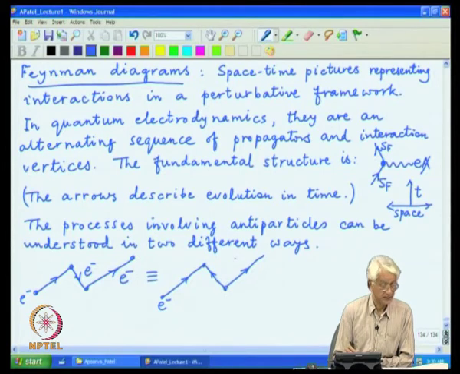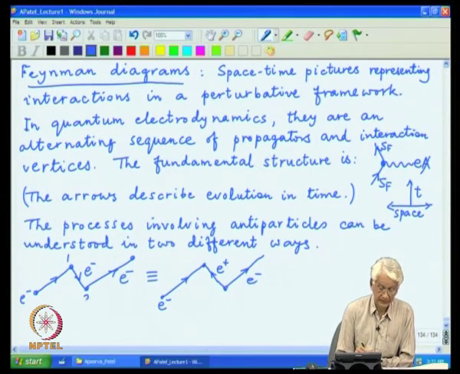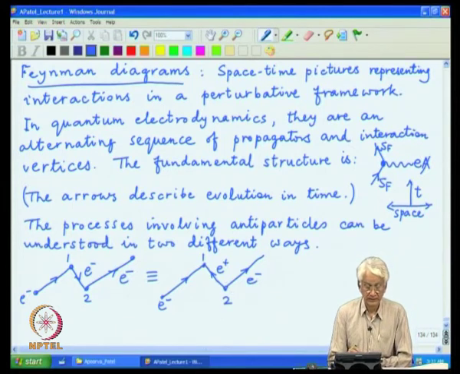This will have a description that in the initial stage there is an electron which propagates to point 1.